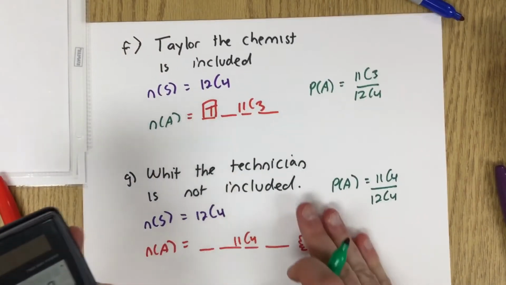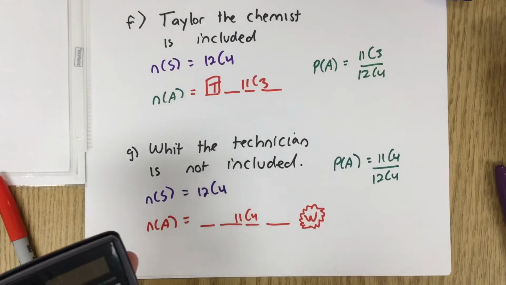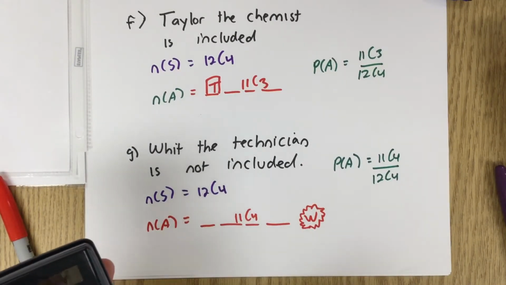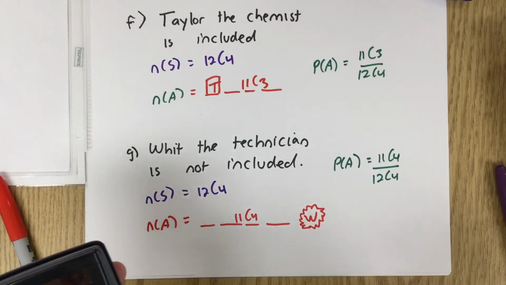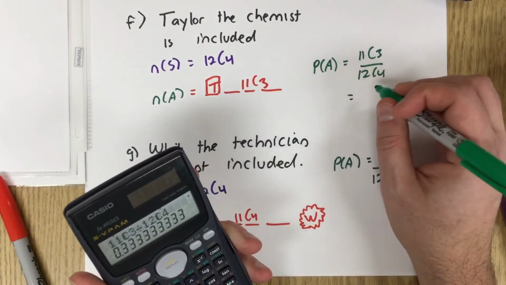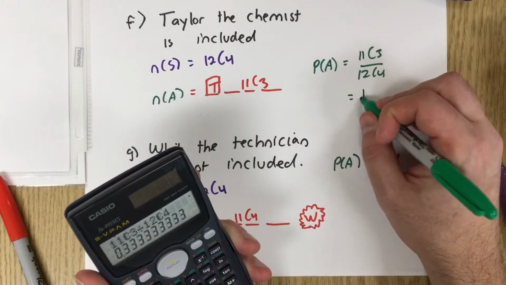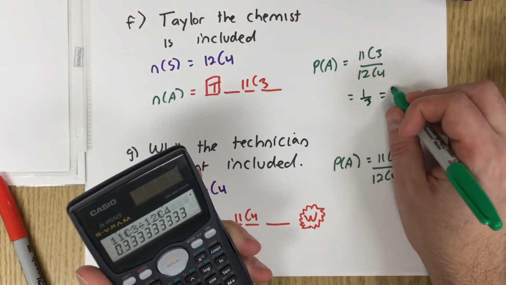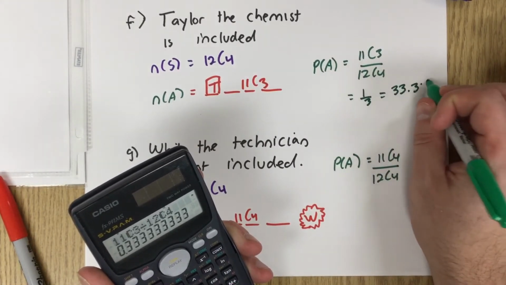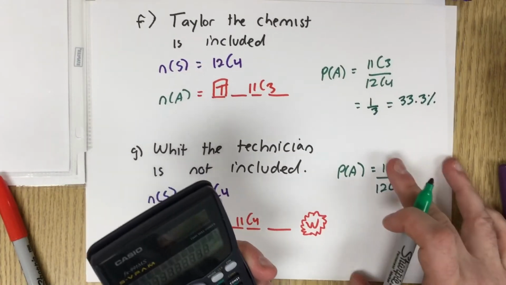And if I go and calculate that stuff, I would get 11 choose 3 divided by 12 choose 4. So this one, oh, look at that, it's exactly a third, which is 33.3%. That's kind of neat.